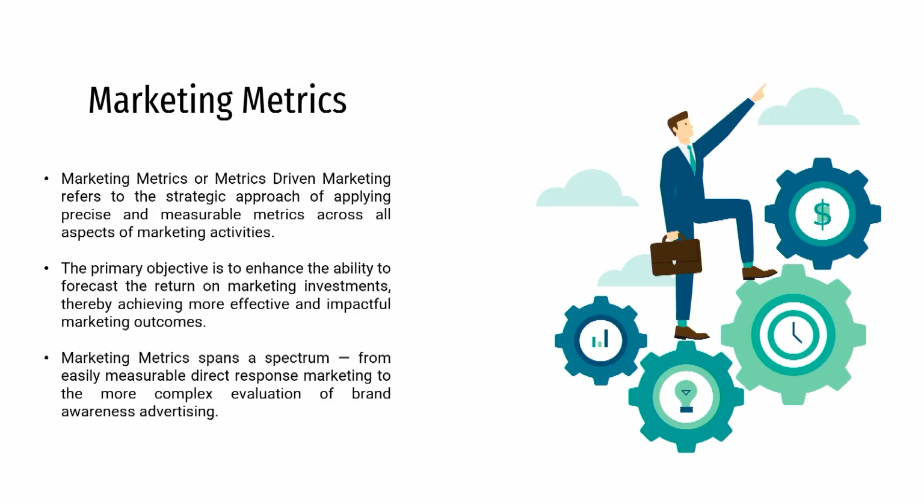This may include product related activities, price related activities, distribution related activities, and promotion related activities. Next, the primary objective is to enhance the ability to forecast the return on marketing investment. So, when we talk about marketing metrics, in a business perspective, we talk about the return on investment.